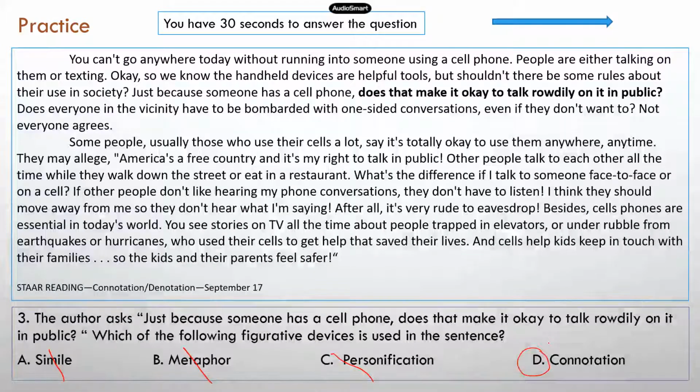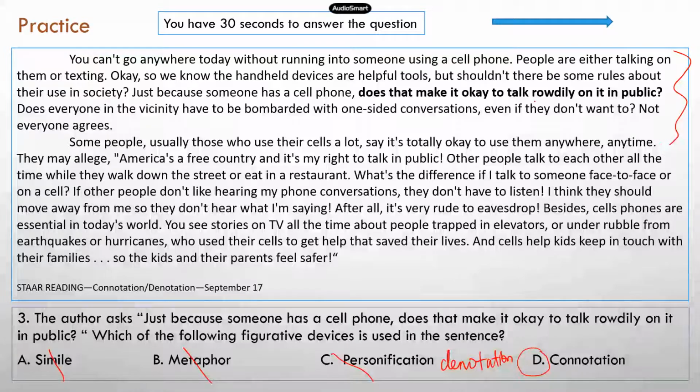Now, this question is pretty easy, but if we make it a little bit harder, if I switch C to denotation, then the correct answer is still D. And that's because when you read the first paragraph, you can definitely feel that kind of negative opinions, right, the author has for people who are using cell phones in public, but talking very loudly on the phone, right?